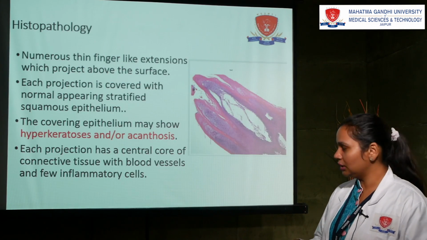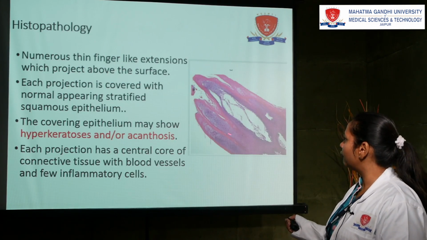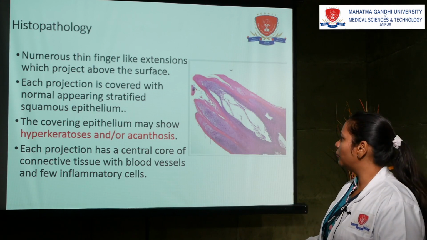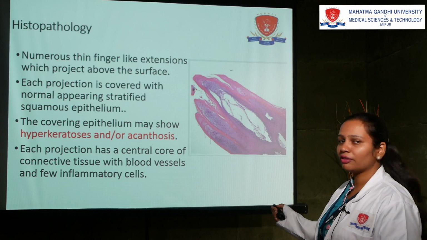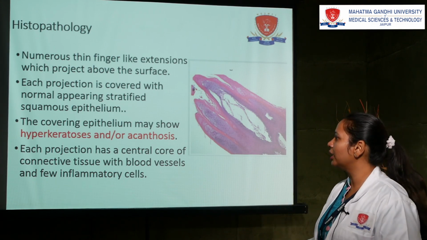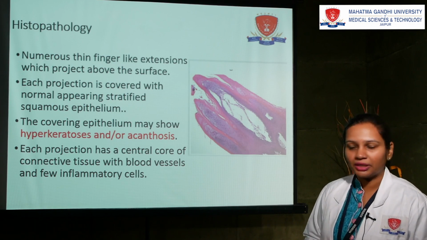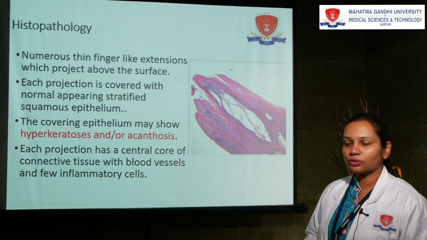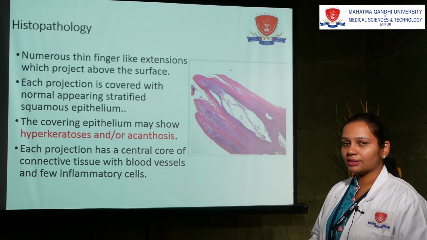Coming to histology, numerous thin finger-like projections or extensions are seen which project towards the surface. Each projection is covered with normal appearing stratified squamous epithelium. The covering epithelium may show hyperkeratosis or acanthosis.